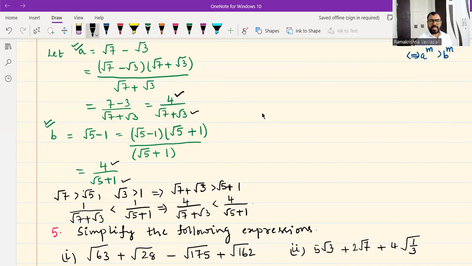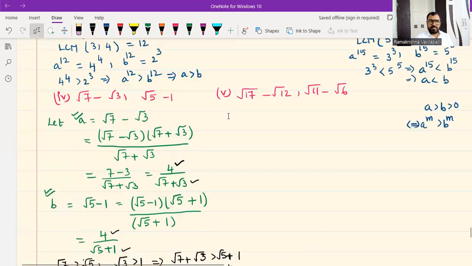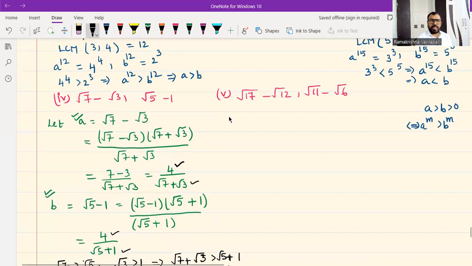So therefore A is less than B. So B is the larger one. This root 5 minus 1 is larger without evaluating their actual values. It is sometimes very difficult to find surds exactly in point-wise form. So root 7 minus root 3 is larger than root 5 minus 1.